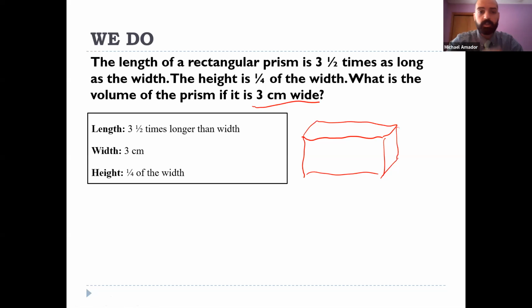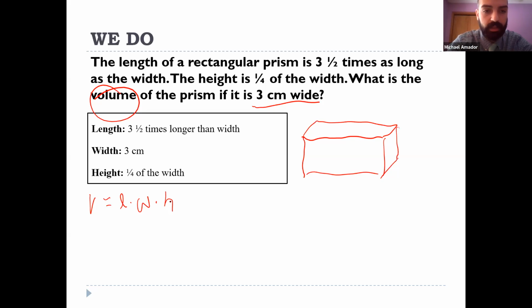All right. So our plan here is that we do know that we need to find the volume, right? And we know that our volume is equal to length times width times height. So now we have to think, do we know the length? Do we know the width? And do we know the height?